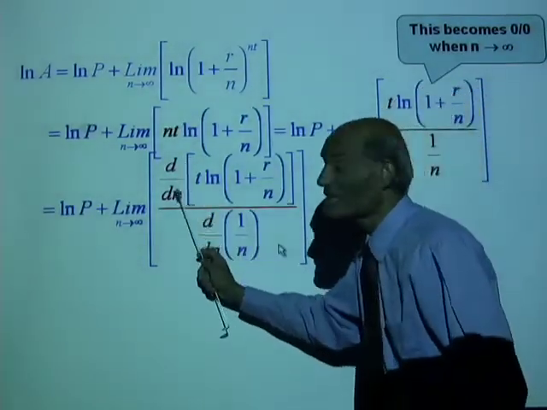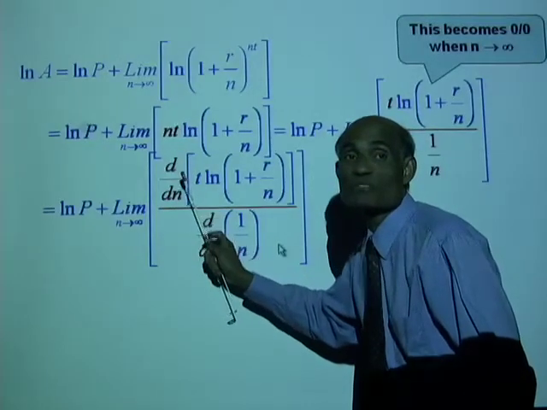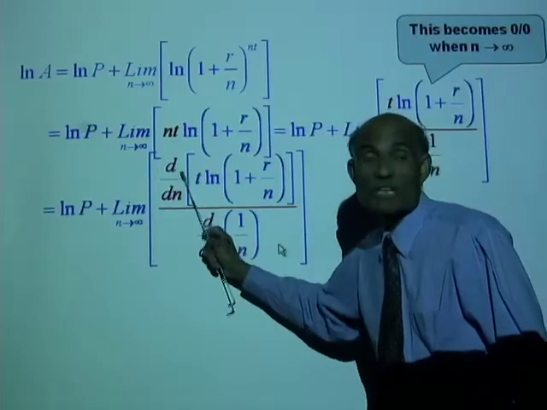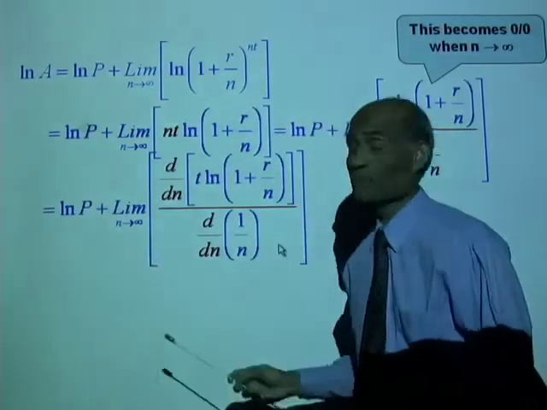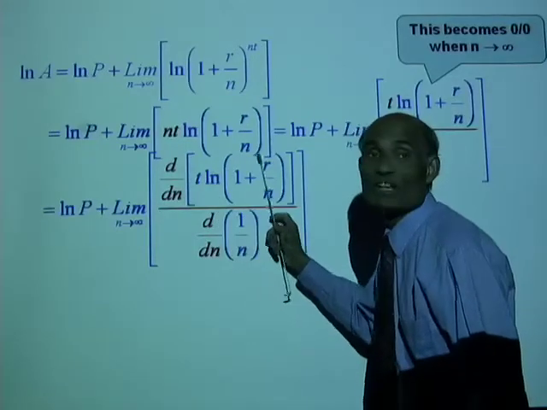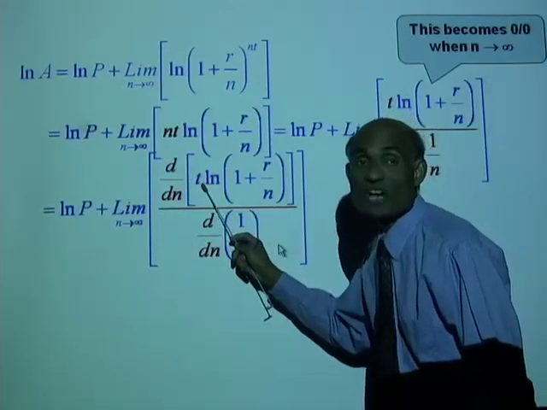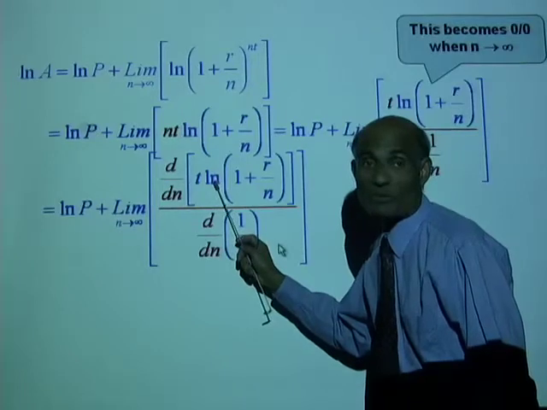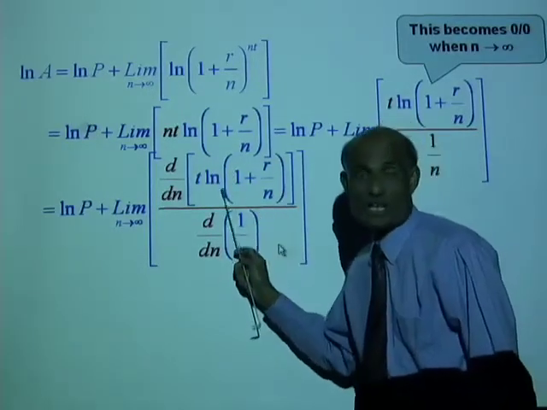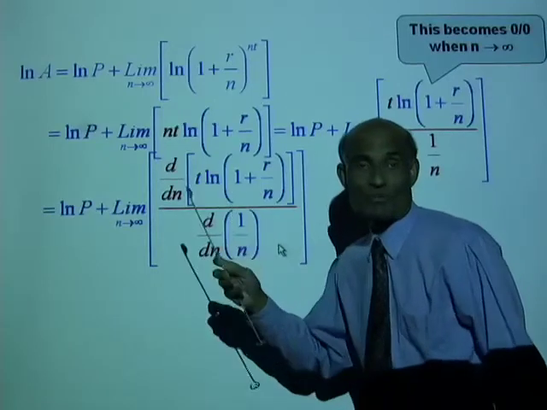So we need to find d by dn, the derivative with respect to n of this quantity, not with respect to t. Therefore t is a constant there. Alright, what is d by dn of this quantity, since t is a constant? And remember again, the derivative of an ln quantity. Now I'm going to repeat that again.